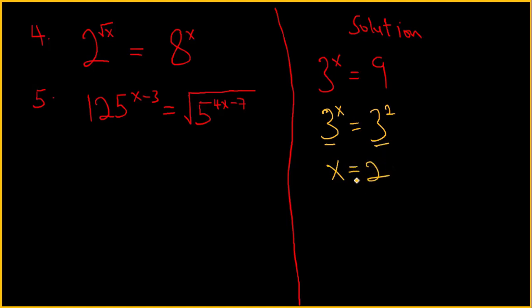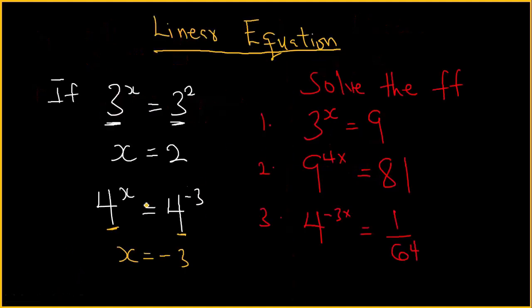So this is from the first one; we have x to be 2. Let's move on to the second one, which is 9 to the power 4x equals 81.